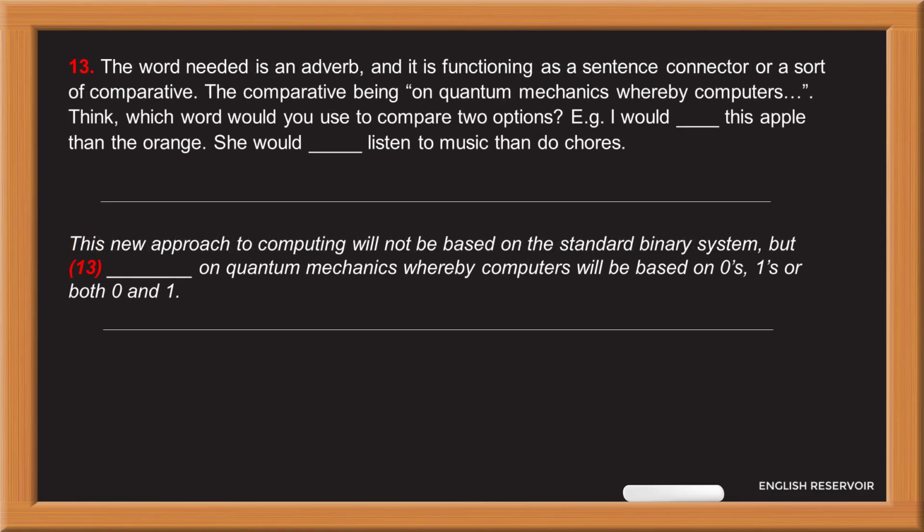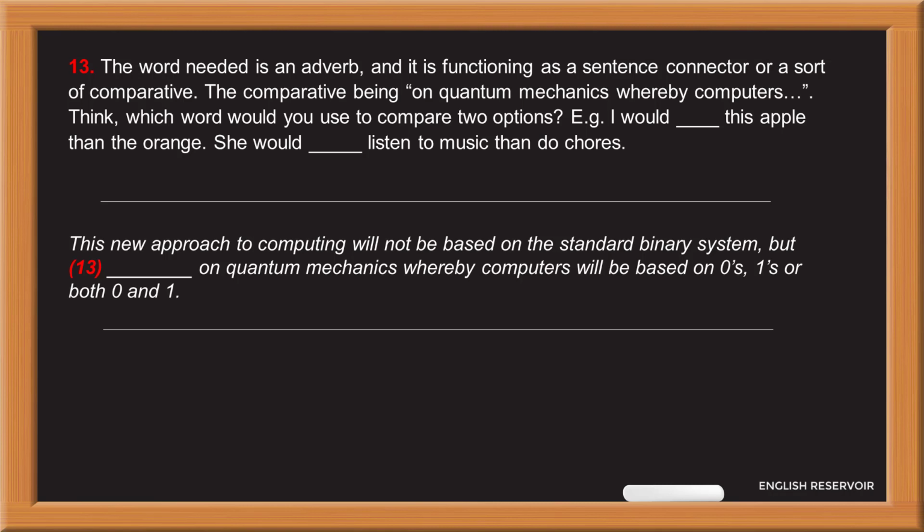The word needed is an adverb, and it is functioning as a sentence connector or a sort of comparative. The comparative being on quantum mechanics, whereby computers think. Which word would you use to compare two options? E.g., I would rather eat this apple than the orange.